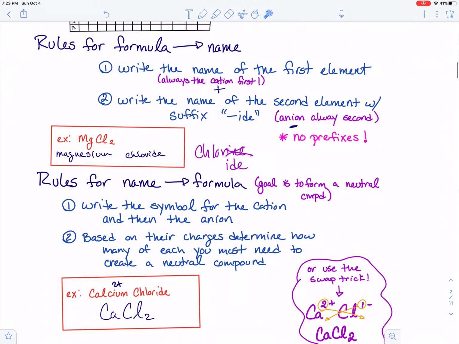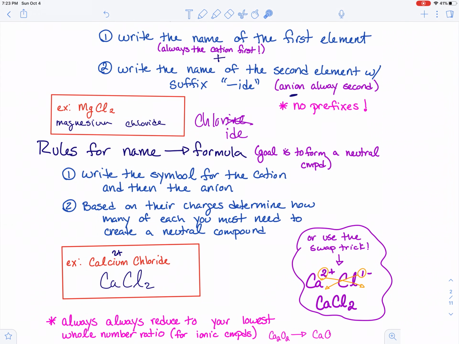But when we go from name to formula, you do have to figure out what all of the subscripts would be. So the overall goal is to form a neutral compound. So let's take magnesium chloride, for example, first. Magnesium, if you look at it on the periodic table, you should see that it is in family 2. So magnesium actually has a 2+ charge. And chlorine actually has a 1- charge. So if you have 1 magnesium and 1 chlorine, you end up with a +1 charge.